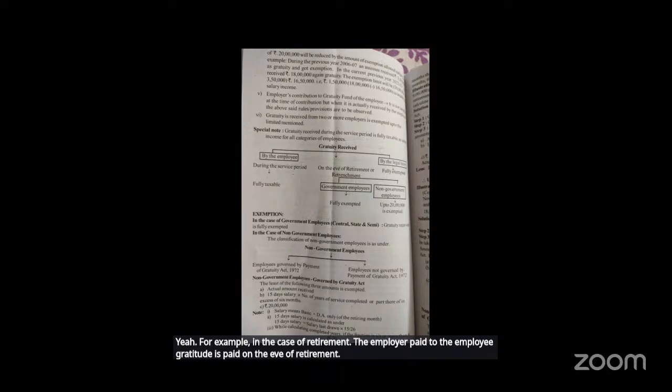So what is the actual meaning of gratuity? Does anybody know about gratuity? For example, in the case of retirement, the employer pays the employee gratuity on the eve of retirement, prior to retirement, or on termination of employment, death or resignation.